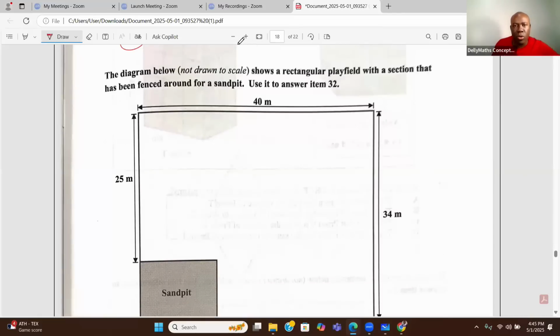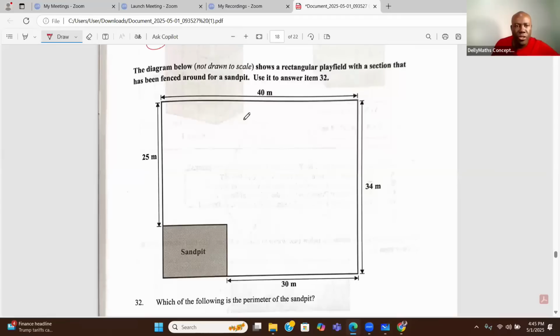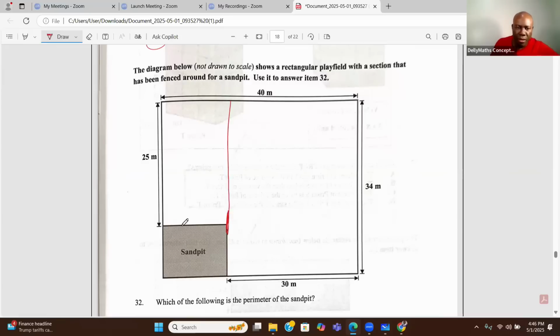All right, let's take a look at this one. Let me minimize this a little bit. So it says here, which of the following is the perimeter of the sandpit? So let's do some quick math. This right here is 10, because remember this is 30, and we need to go to 40, so the extra hanging piece is 10.